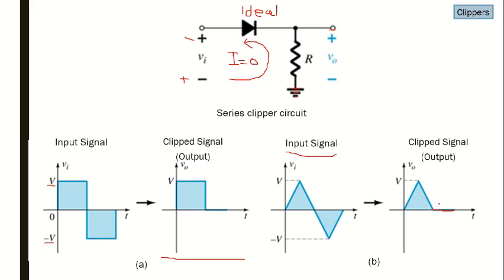One can observe this 0 for the time period T by 2 to T. For the wave from T by 2 to T, we are getting the output 0 volts. The vertical scale is voltage. So here we are getting 0 volts, and we are also getting 0 volts here.